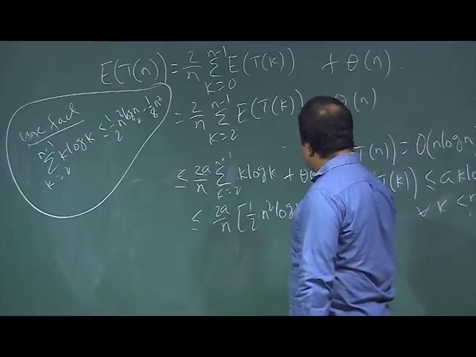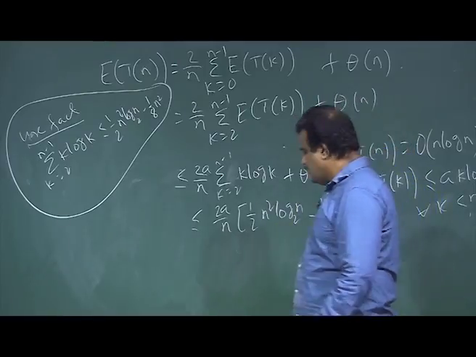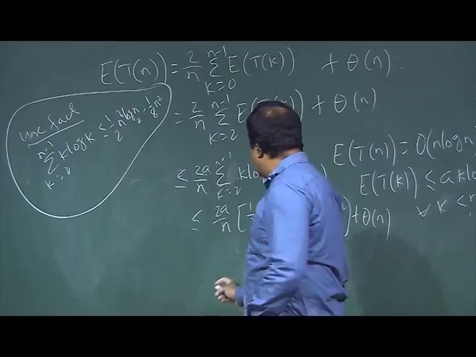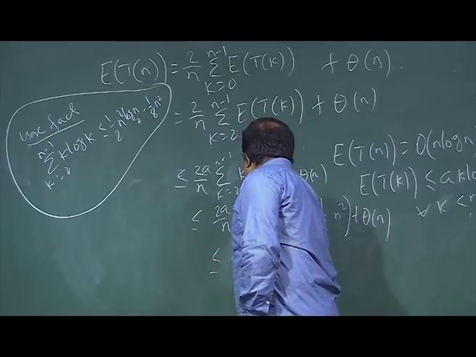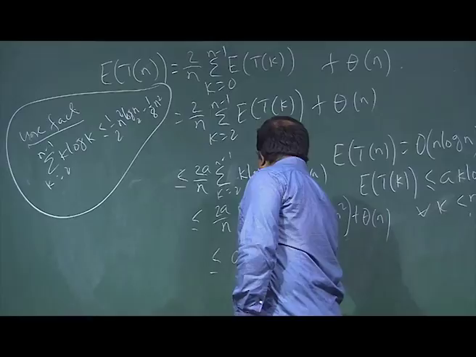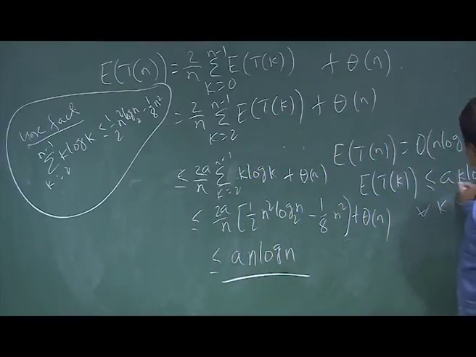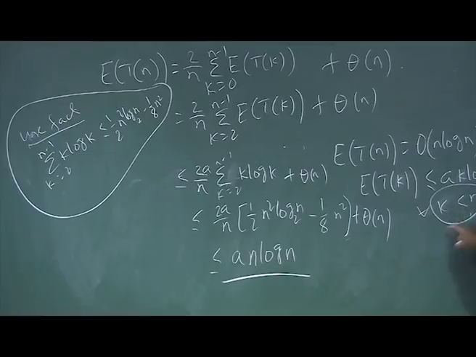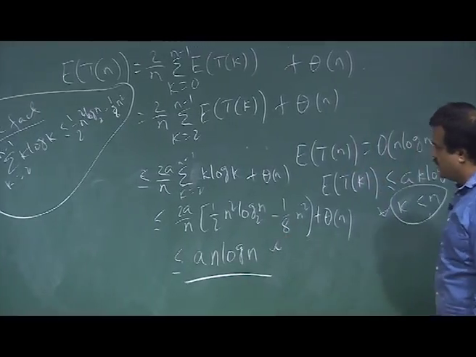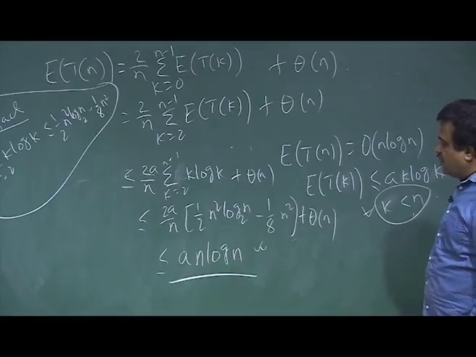So now we can choose this a such that this will be basically less than or equal to a n log n. So this is true for n. We assumed this is true up to n minus 1. Now we prove that this is true for n. So this is true for all n.